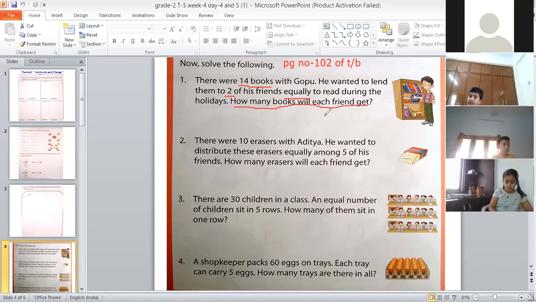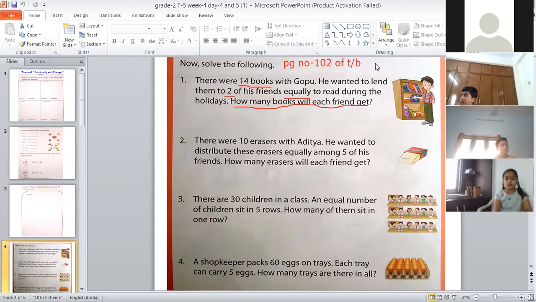And one more thing is there, the word each is there. So this means we have to divide the given numbers, because they have asked us to distribute these 14 books equally between 2 of his friends. So we will divide the given numbers.